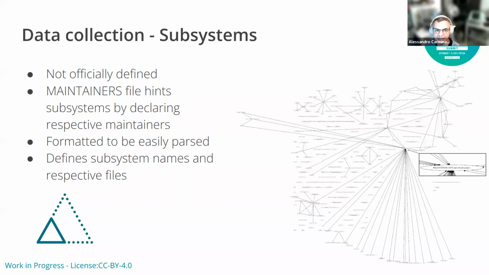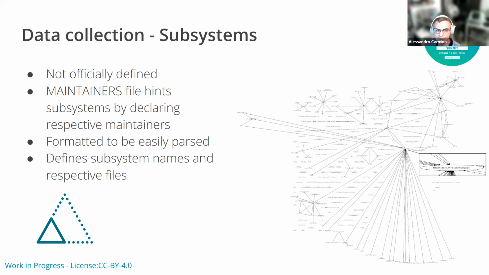Looking at the MAINTAINERS file, you can rapidly realize that subsystems defined through it can overlap each other or even be completely included in one another. There are cases in the MAINTAINERS file where a single source file belongs to up to 4 different subsystems.